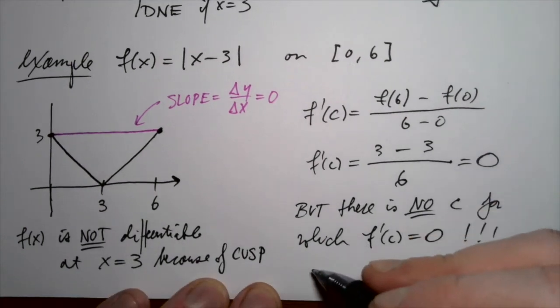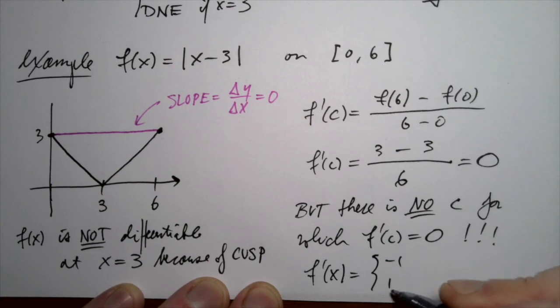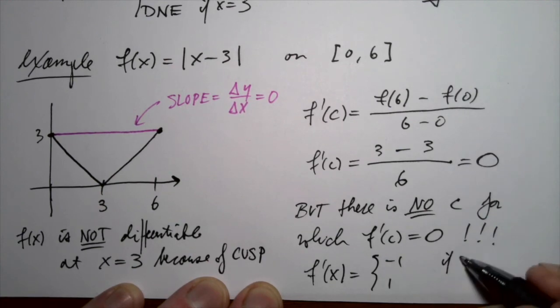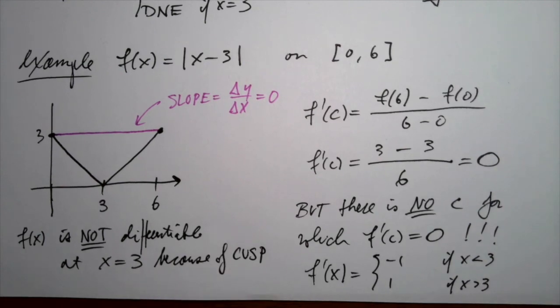Let me record that down here. F prime of x, its only possibilities are minus 1 and 1. That's for x values less than 3 and bigger than 3. It's never equal to 0. The derivative cannot be equal to 0. It's only minus 1 and 1.